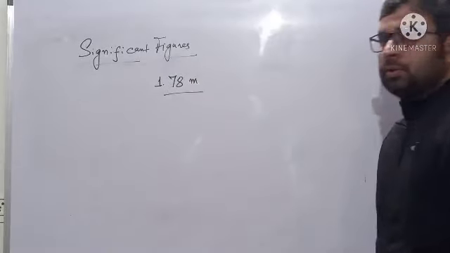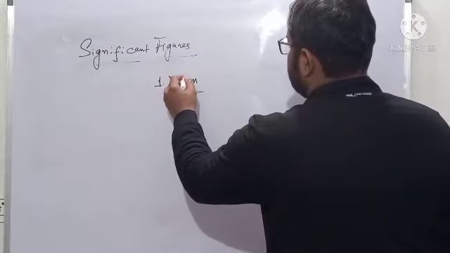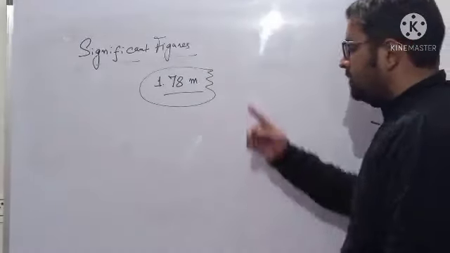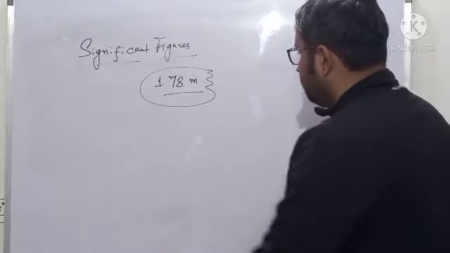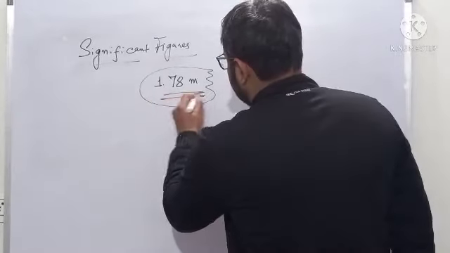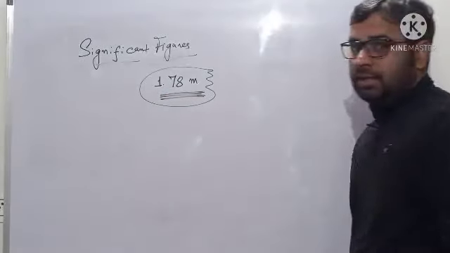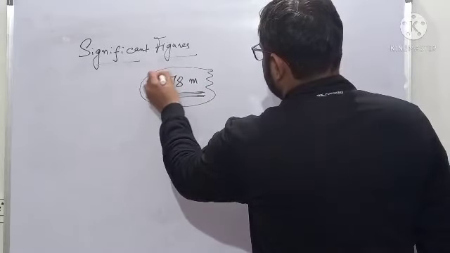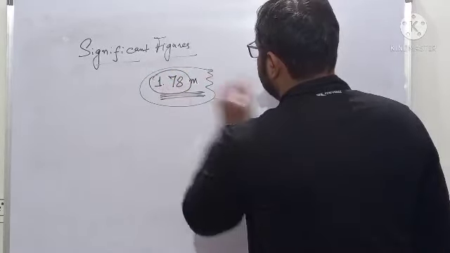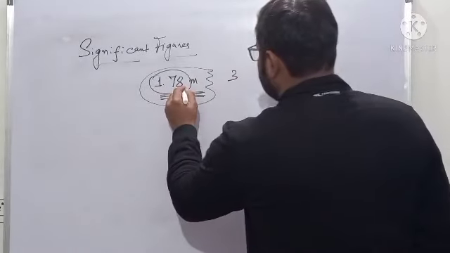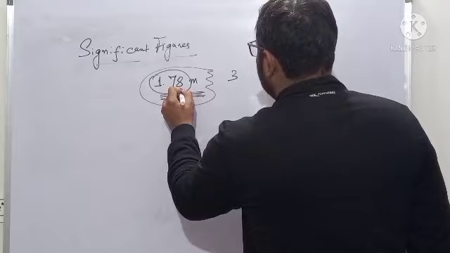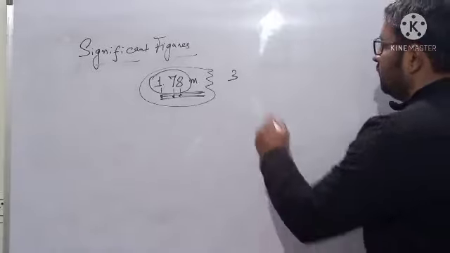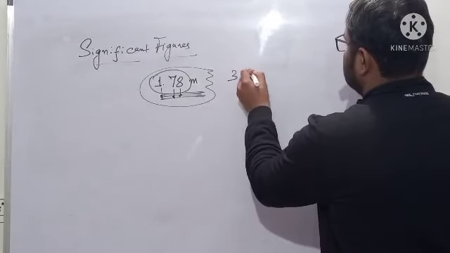So these three digits, 1.78, we are certain that the height which has been measured by an instrument, these values are certain. These values are not coming with any uncertainty. So definitely we will say that this value has three significant figures, because we are certain that these are measured by the instrument. It has no uncertainty.